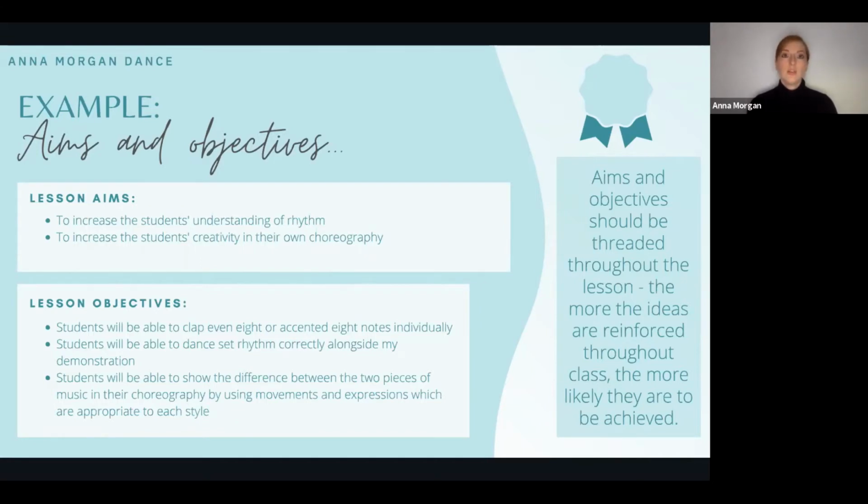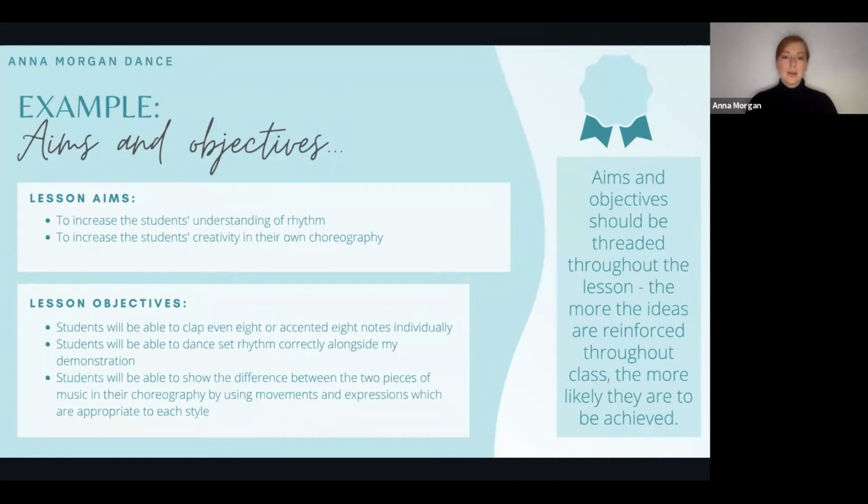So your aims and objectives, your whole lesson, the purpose of that lesson is to achieve the objectives that you've set out, not to cover a certain range of material. So we need to pick the aims and objectives first, and then we need to pick the exercises which fit in to being able to achieve those aims and objectives.